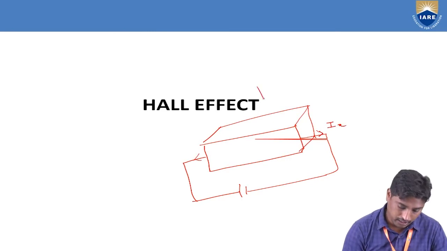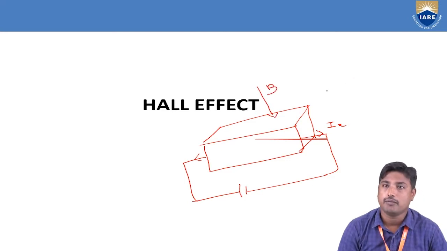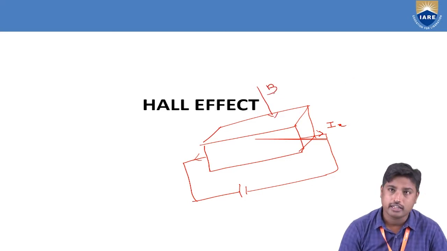When this piece of material is placed in a transverse magnetic field, what will happen? Due to the magnetic force, electrons are moving in the downward direction. Some force is applied on the electrons.